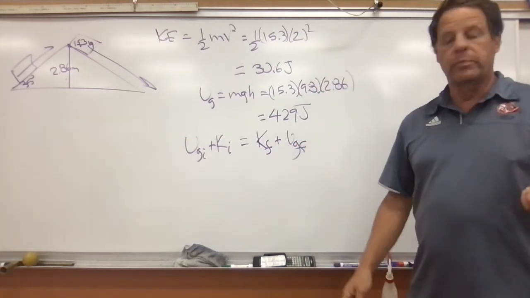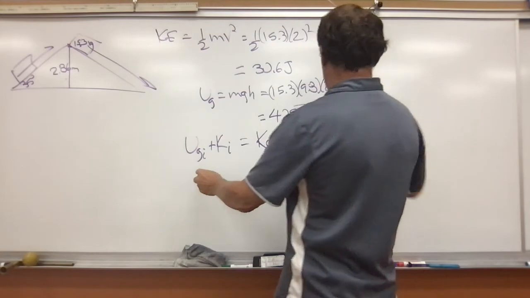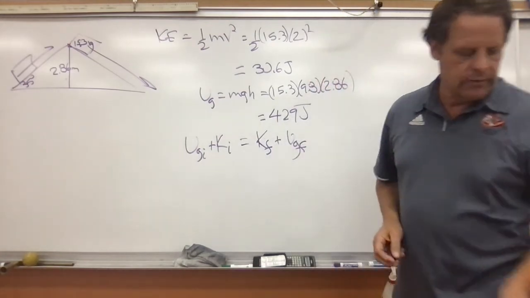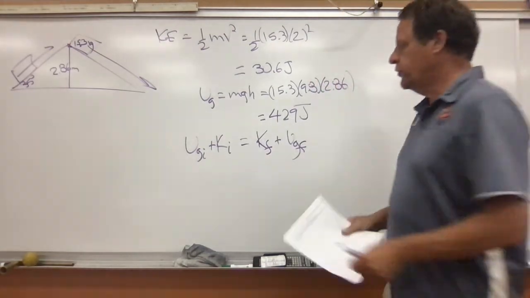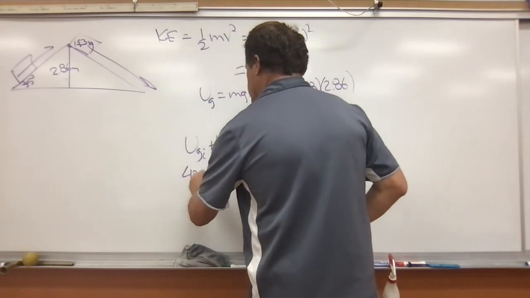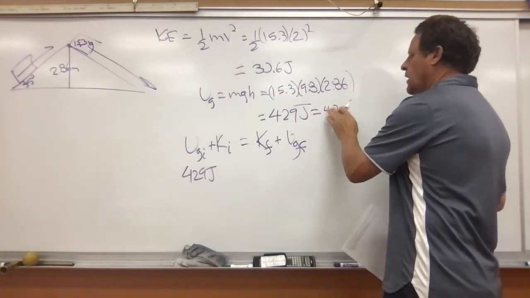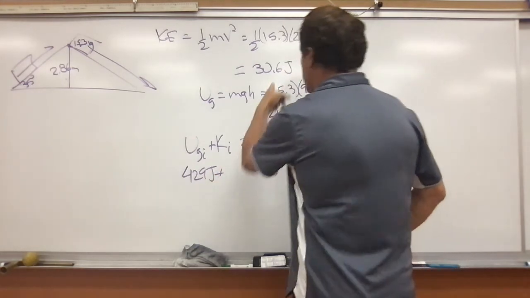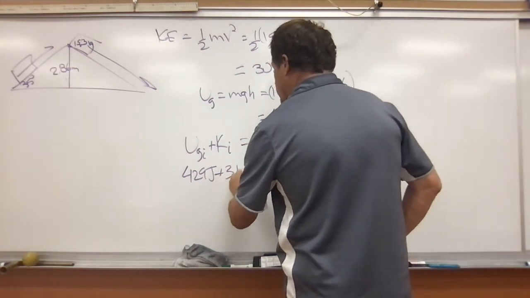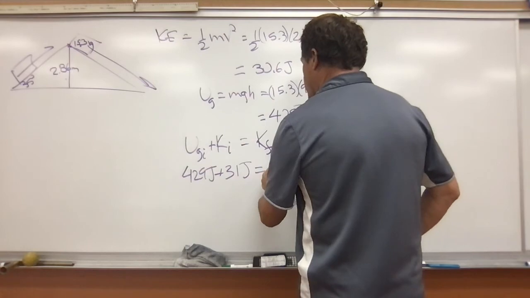There are no springs or anything. So we already figured out that this one right here was equal to 429 joules. And then we also had, we're going to call it 31 joules right here.